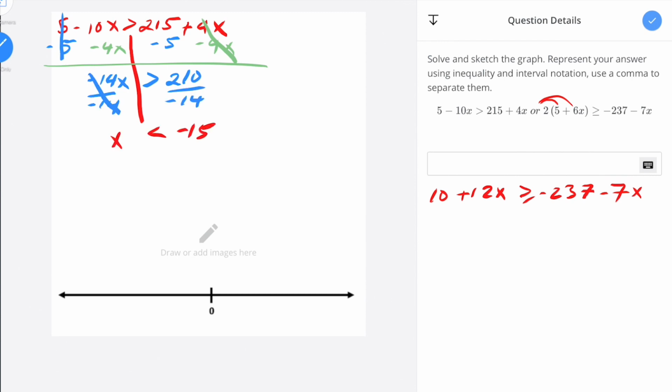Okay, and then we'll solve for the other one. Okay, 12 plus 7 is 19x. Negative 237 minus 10 is negative 247.